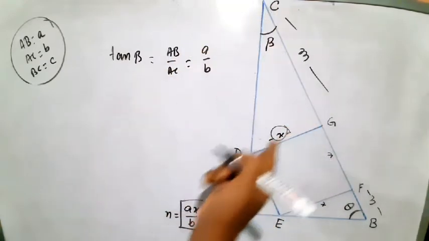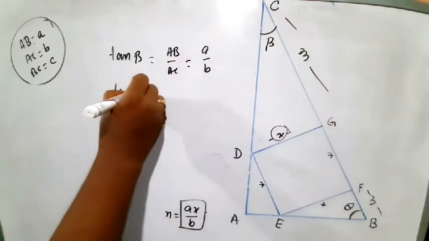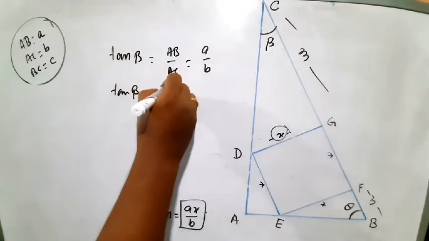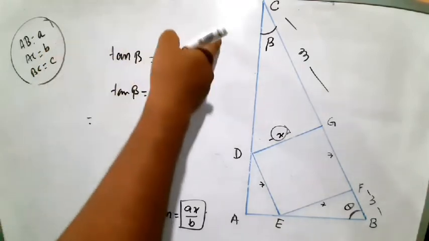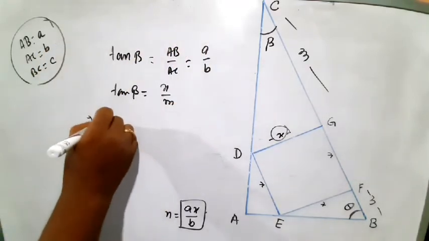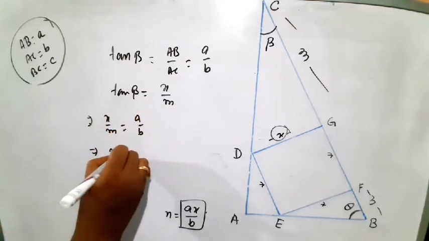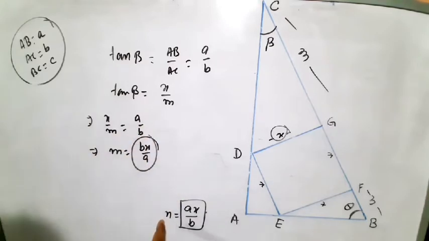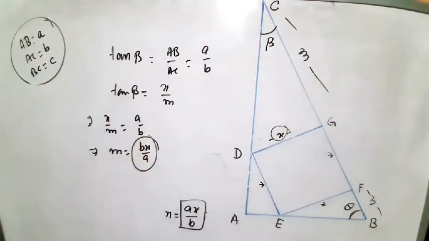And tan beta from the triangle DCG, this is height and this is base, equals x by m. Clear? So x by m equals a by b, that means m equals bx by a.